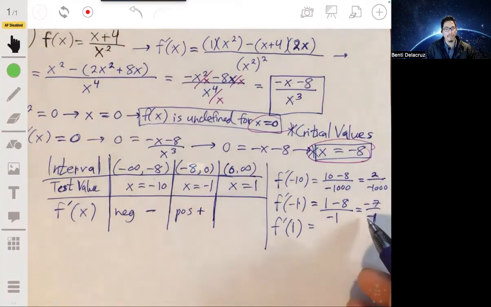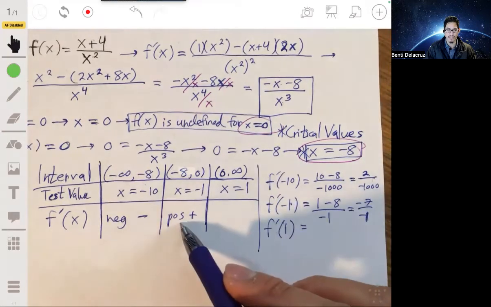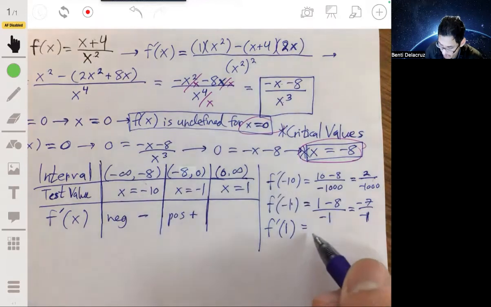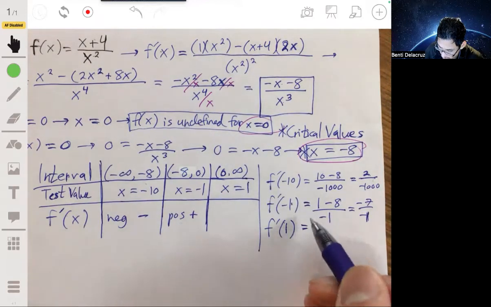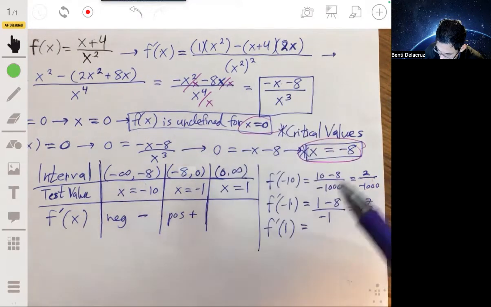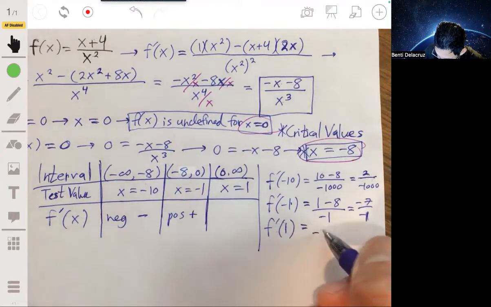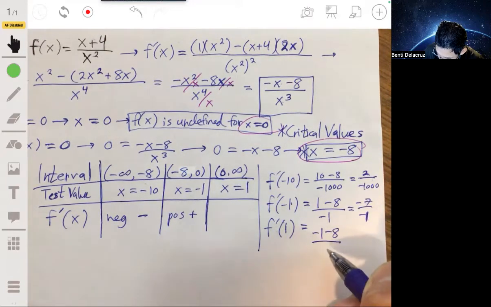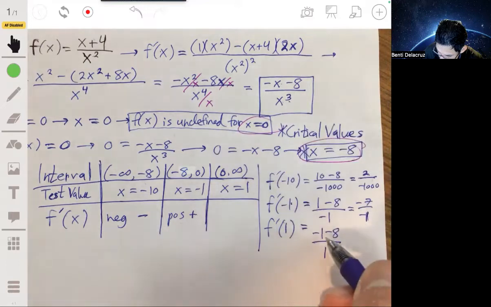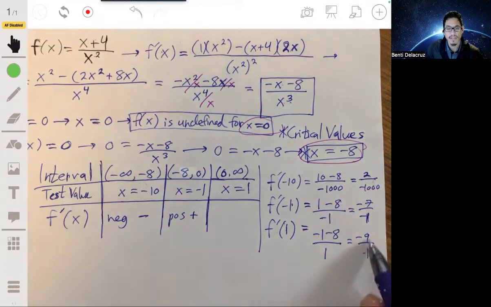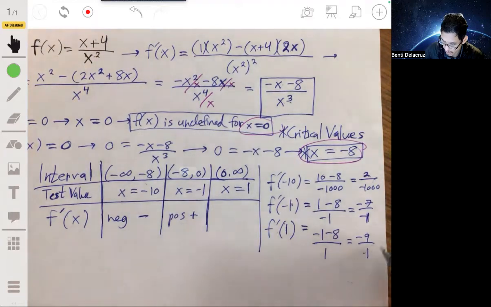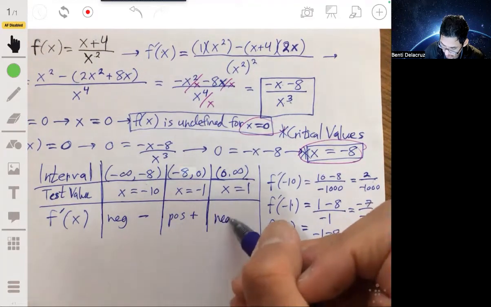It's good if you do, but sometimes it can be tedious. All I need to know is that this is a positive number. And now I just find f prime of 1. Plug 1 again into here. So -1 minus 8 over 1 cubed, which is 1. So that'll be -9 over 1. So this will be a negative number. So then I'm going to put negative in here.